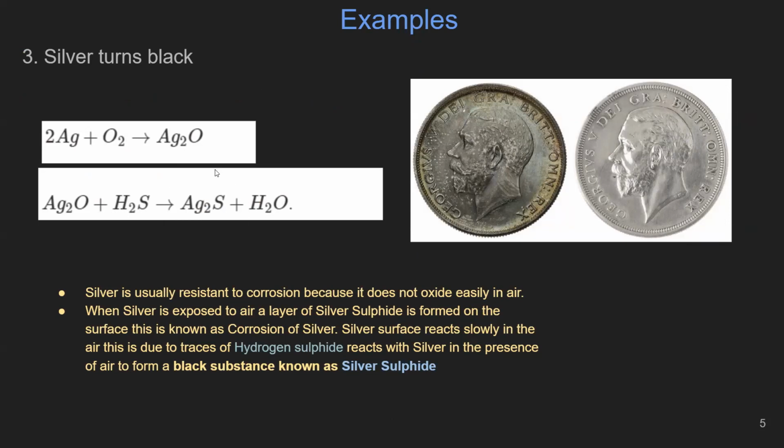There is a coating of this Ag2S compound on the surface of the coin, and that is why the coin is black now. Silver is generally resistant to corrosion because it does not oxidize easily in air. But if there is H2S present, then silver is prone to oxidation and turns black, because Ag2S is formed.